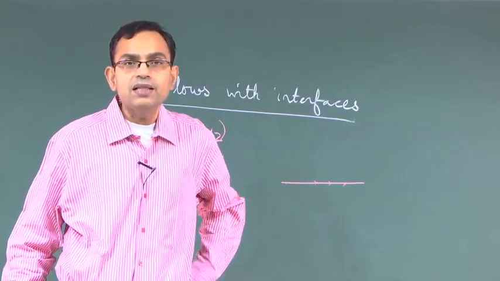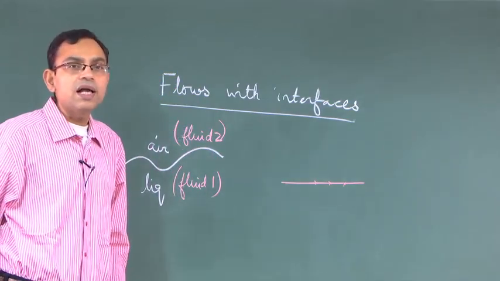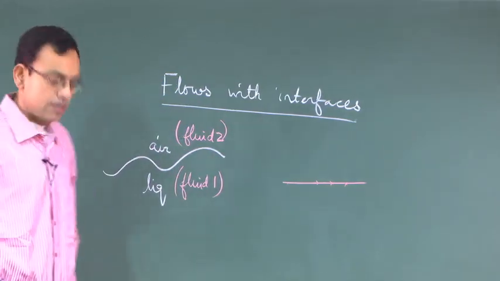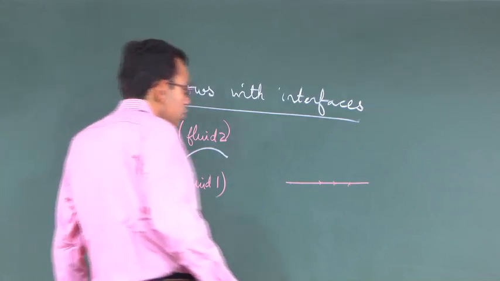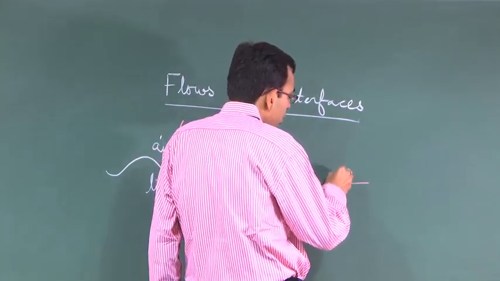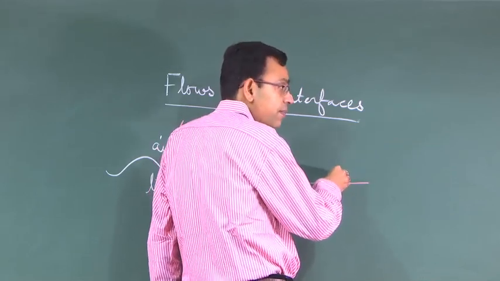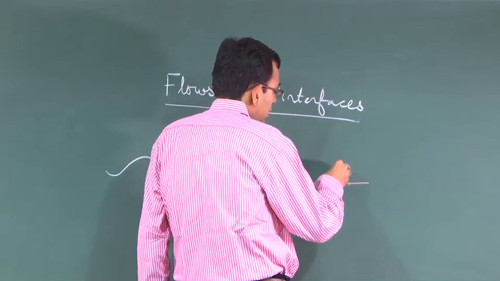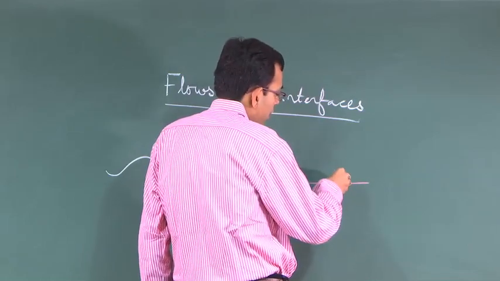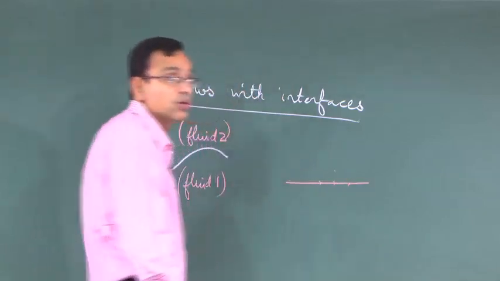The very fact that the fluid cannot penetrate the solid boundary is called the no penetration boundary condition. So, no penetration boundary condition means there is no normal component of velocity across the interface if the solid boundary has no holes.